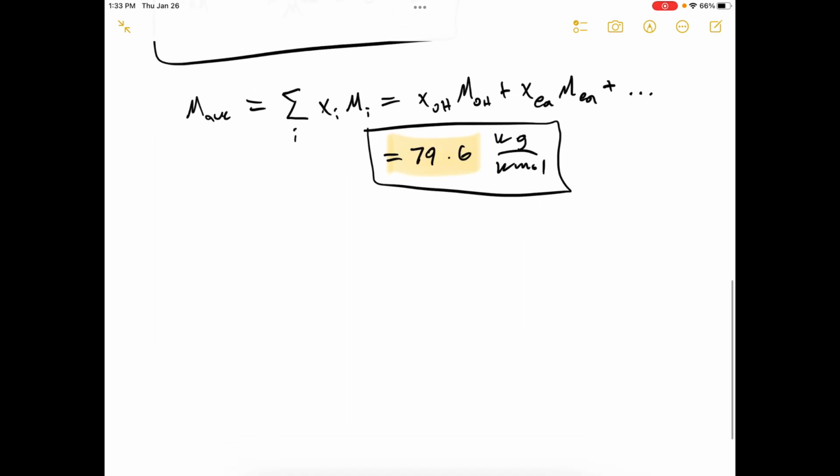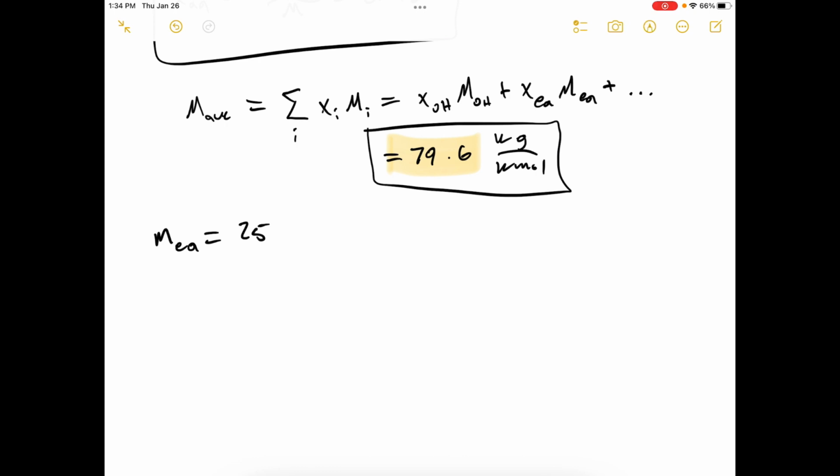Okay, so that answers the next part. They don't have it broken into part A, part B here. What would be the mass, in kilograms, of a sample containing 25 kilomoles of ethyl acetate? So the mass of ethyl acetate equals 25.